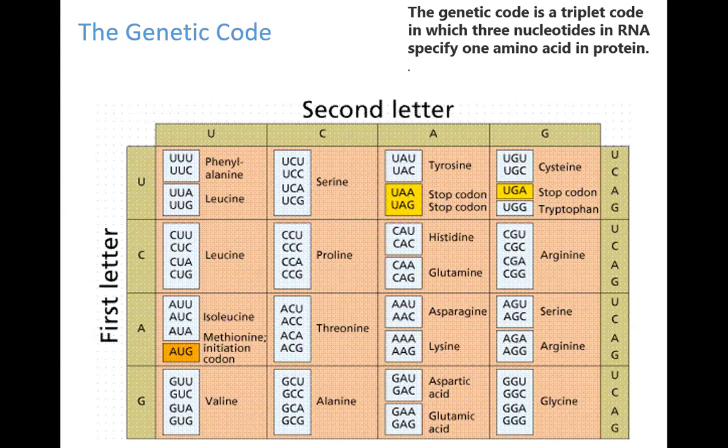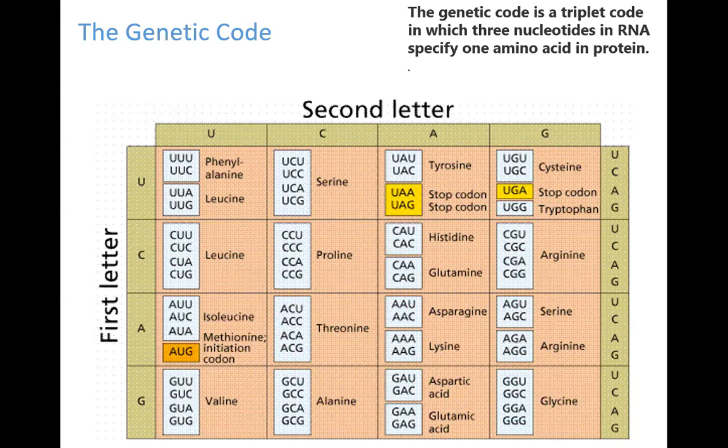Proline has 4, serine has 4, alanine has 4, valine has 4, leucine has 6, and so does arginine. Some of these are pretty common amino acids that must show up a lot in our protein. So we make sure we don't have errors in copying by giving every possible combination that we can think of, within reason, to fit for those amino acids.